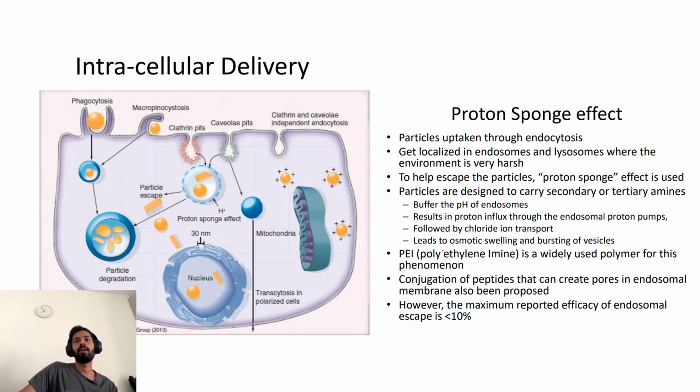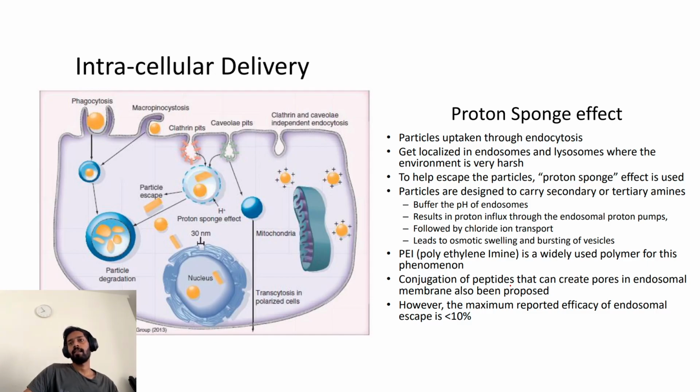We've read about some of the polymers that are routinely used for this effect. Polyethylenimine, which contains amines, is routinely used for this ability to escape the endosome. If you put your drug inside a polyethylenimine polymer, your drug will eventually escape the endosome and get released in the intracellular space.